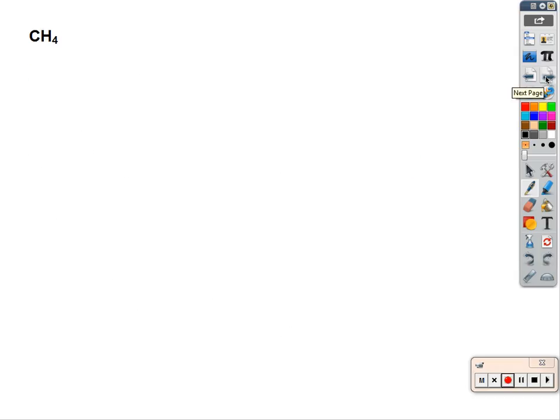One more, CH4. Again, it all starts by analyzing the electronegativity. Carbon is a 2.5, hydrogen is a 2.1. The electronegativity difference is 0.4, so this is nonpolar. We have nonpolar bonds.